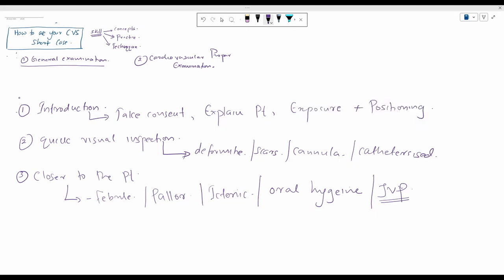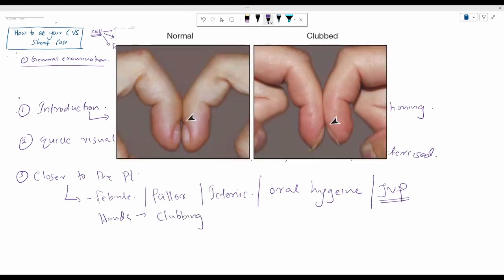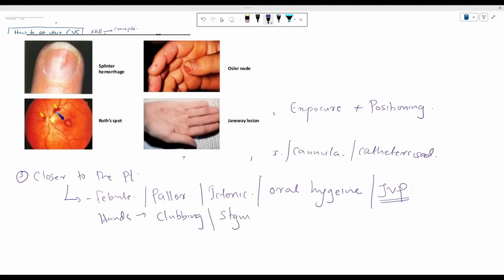Then you quickly move to the hands. So what do you see in the hands? You can see clubbing. You can appreciate any peripheral stigmata of infective endocarditis. So what do you have for infective endocarditis? You have Janeway lesions, you have Osler's nodes.